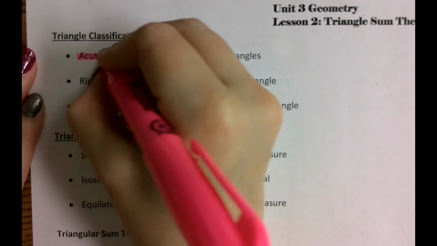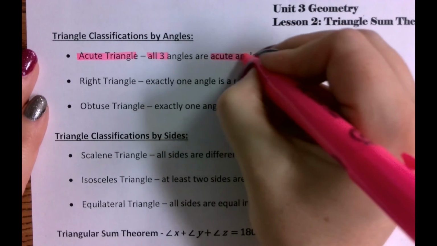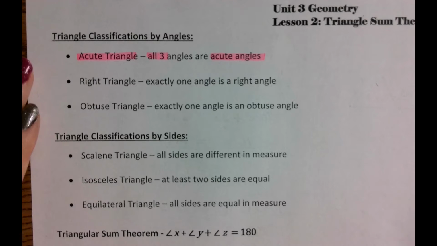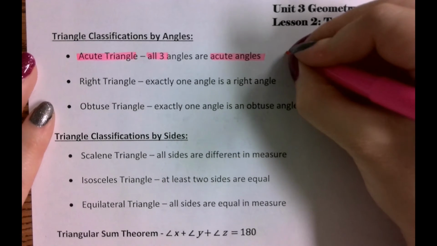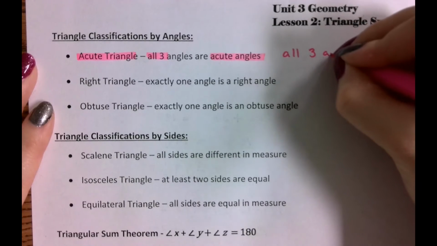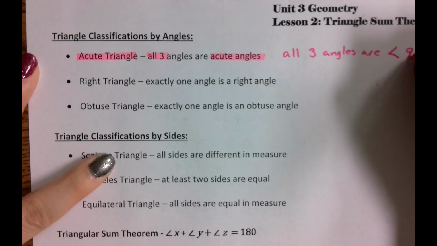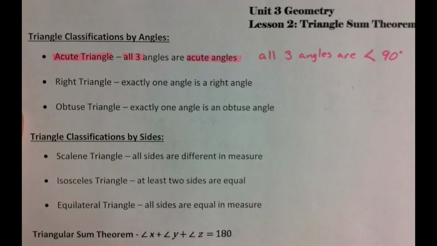You have an acute triangle, which means that all three angles are going to be acute angles. What's an acute angle? Veronica? Less than 90. That means all three angles are less than 90 degrees.